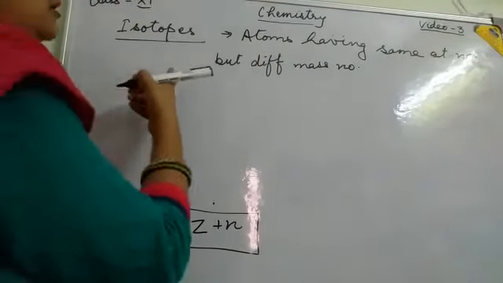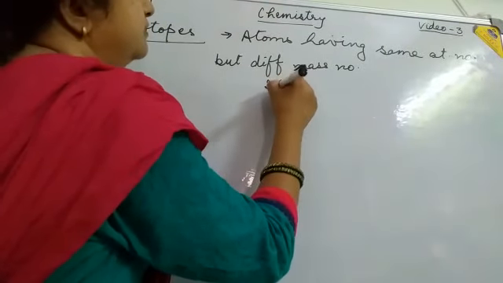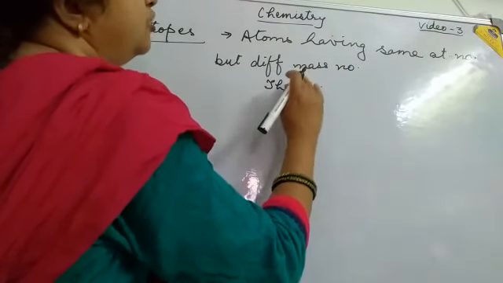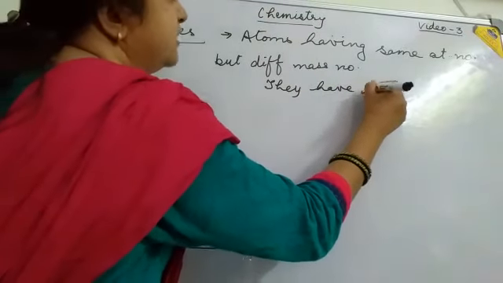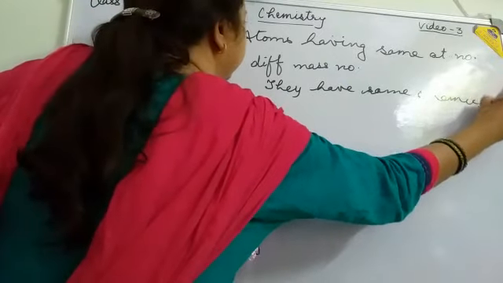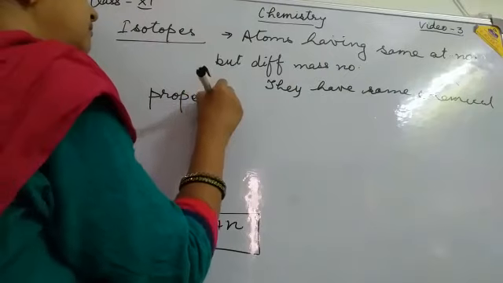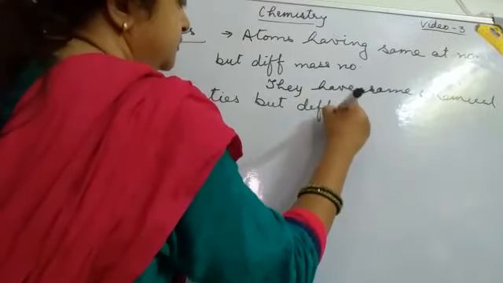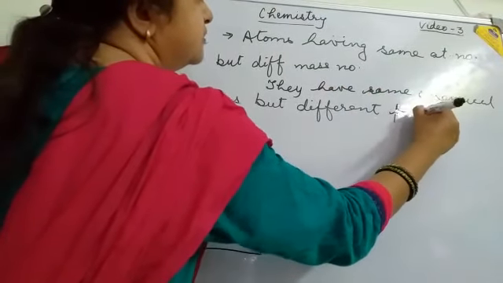What are their properties? Their chemical properties are the same, but the physical properties are not the same. Or we can say that they have same chemical properties but different physical properties.